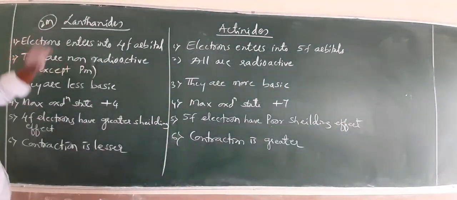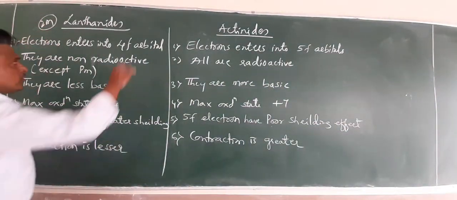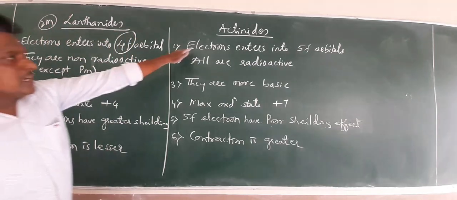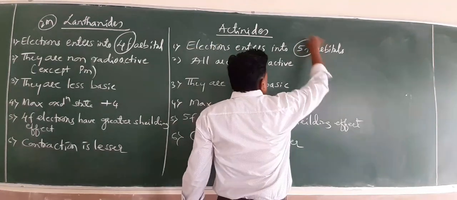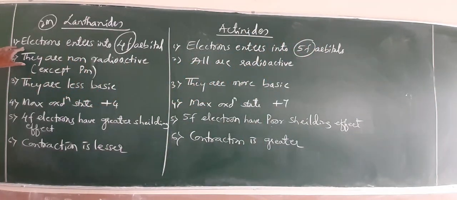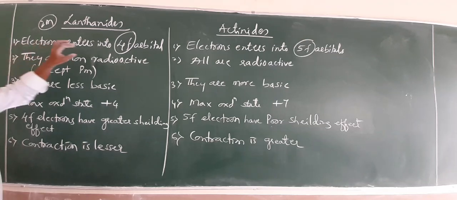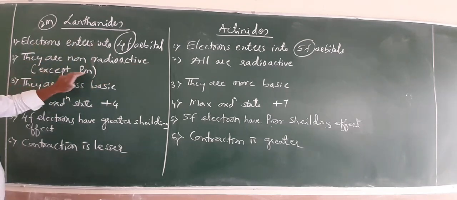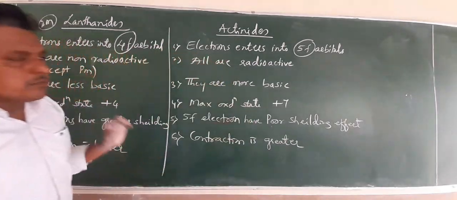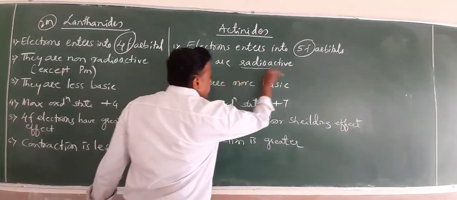The elements where electrons enter the 4f orbitals are known as lanthanoids. The elements where electrons enter the 5f orbital are known as actinoids. In the lanthanoid series, as I already mentioned, they are not radioactive except promethium, but in actinoids all elements are radioactive in nature.